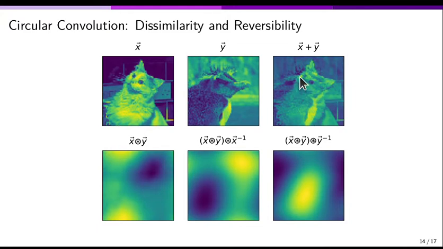If I do the circular convolution of these two images, I get this thing, which is just some blurry mess. If I take this and I do the unbinding with this, I get back a vector that is kind of similar to this, again by dot product. So we're losing information, definitely losing lots of information here.